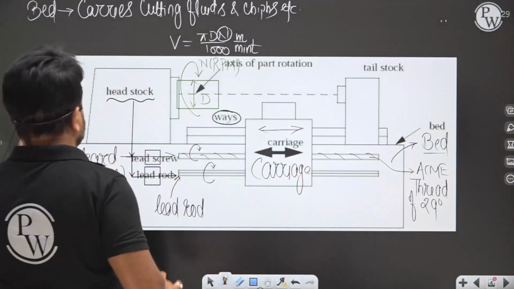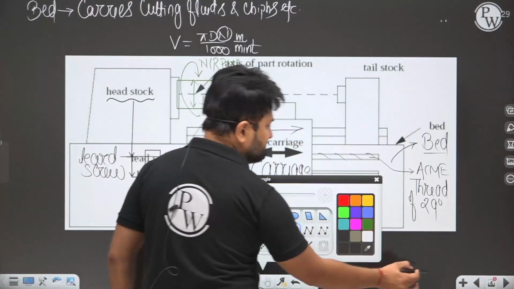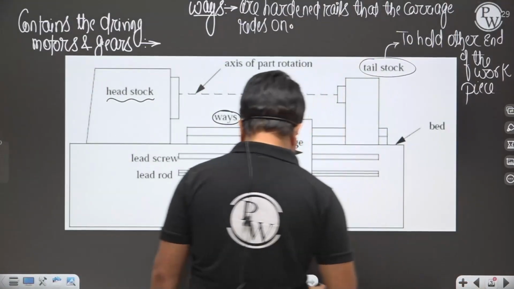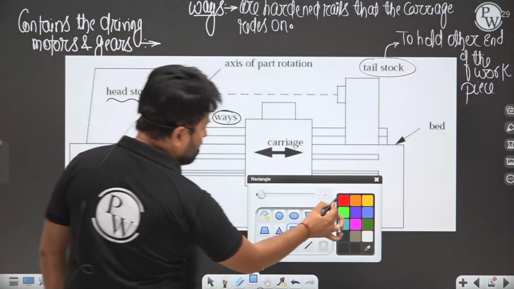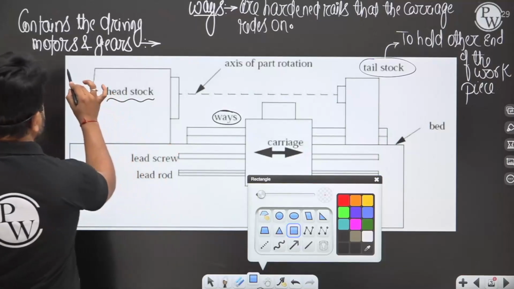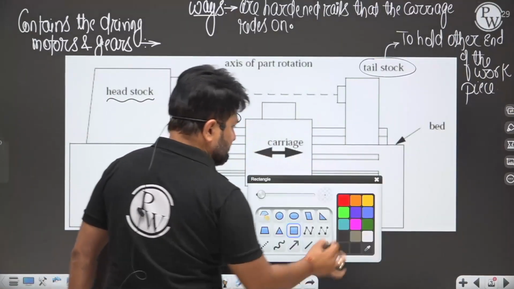Now, all the gears we have seen in the last slide are in the headstock, where all the power is delivered.